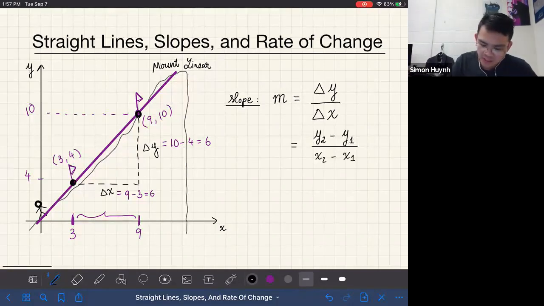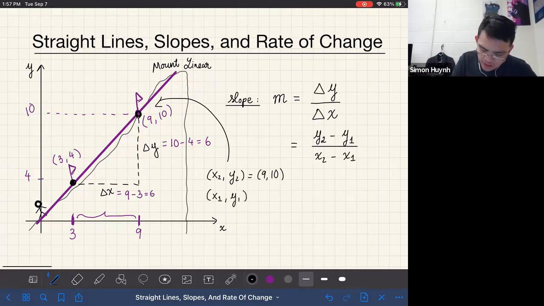And let's say the point (x2, y2) is the point (9, 10), the upper flag, and the point (x1, y1) is the bottom flag, which is the point (3, 4).